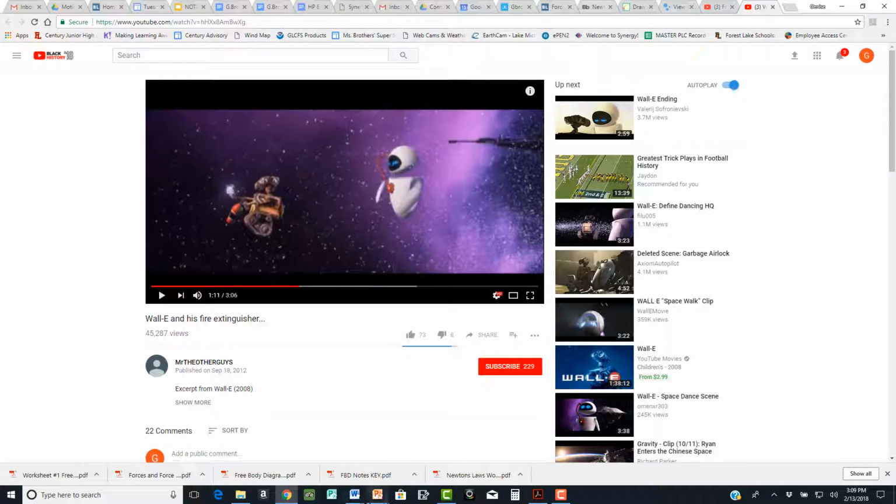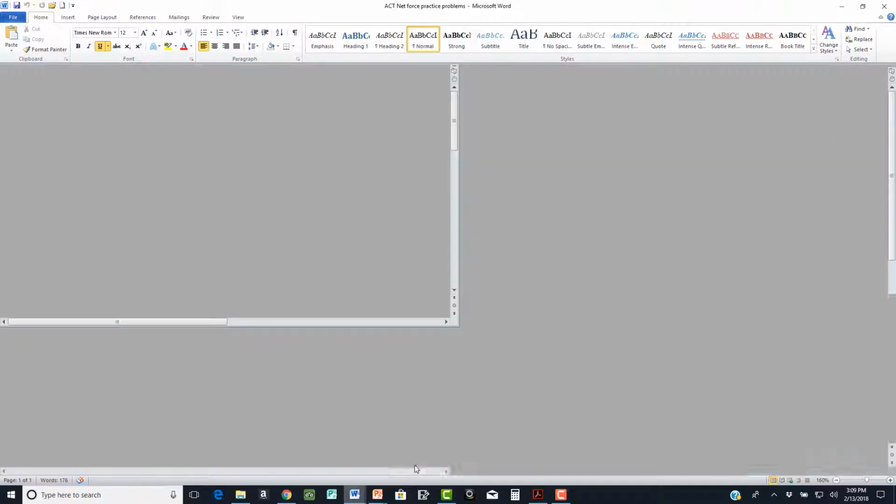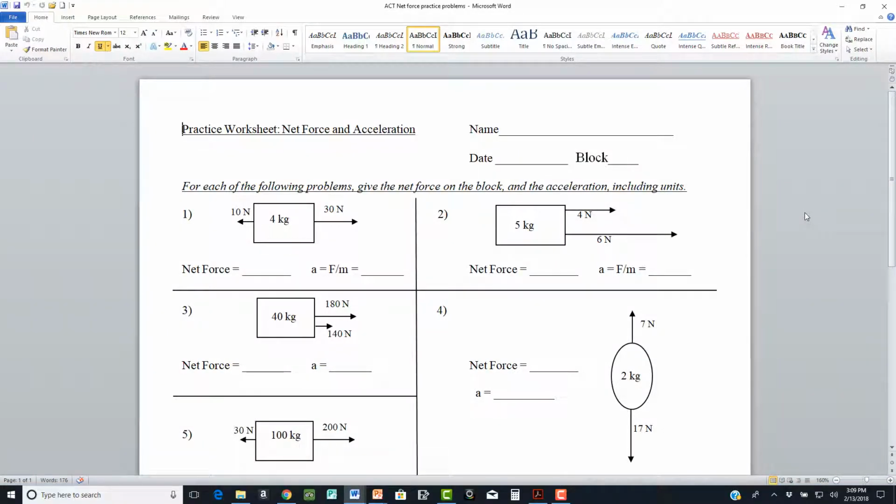Okay, so let's take a look at where we're going with this. Just so you understand, at the end of the week, we're going to be doing a little activity that deals specifically with Newton's third law. You saw last week how I had you take a look at some vector diagrams so that you could review and familiarize yourself with that, because we're going to be putting those vector diagrams into play with what you see in front of you here.